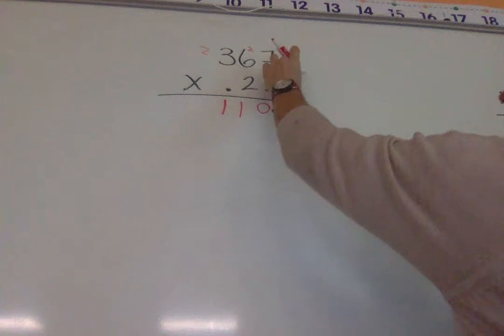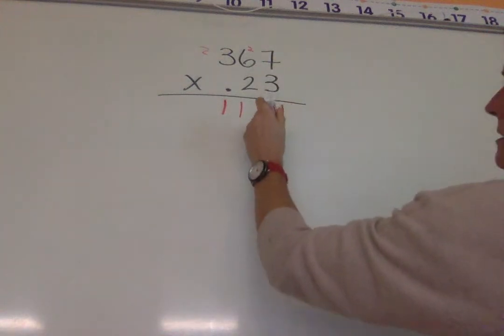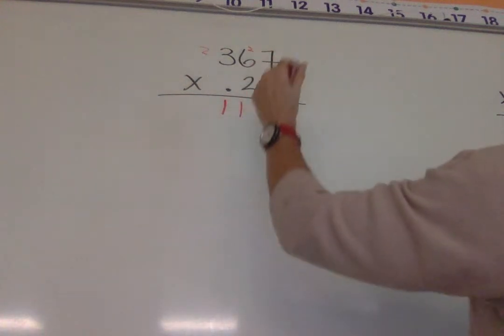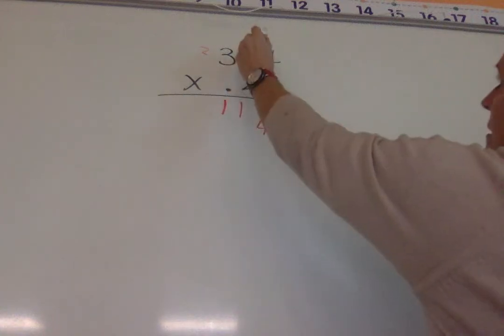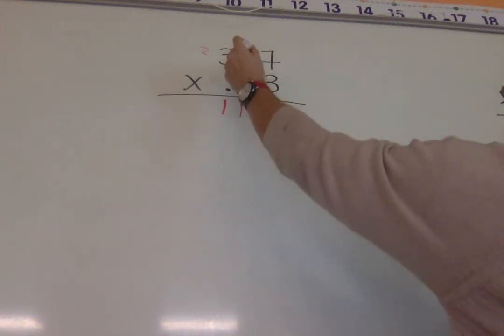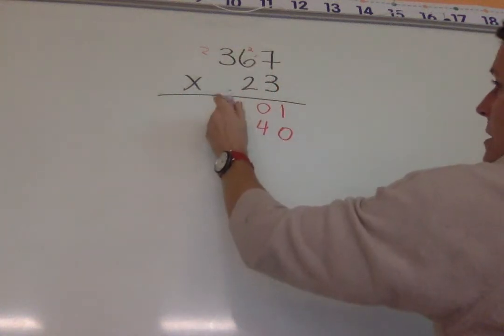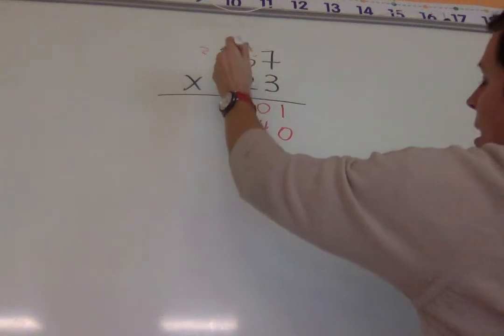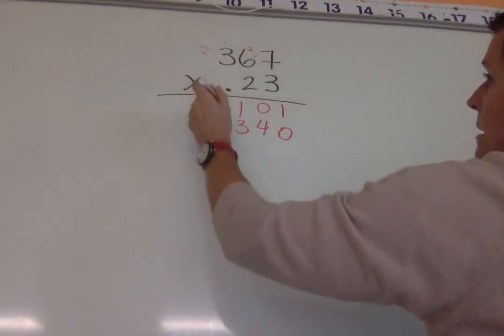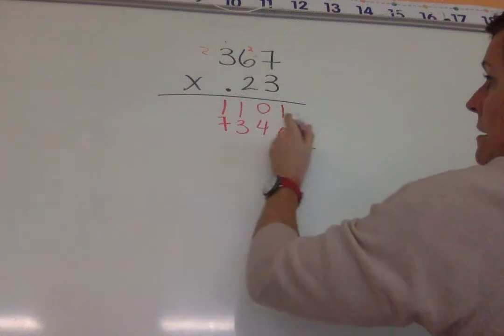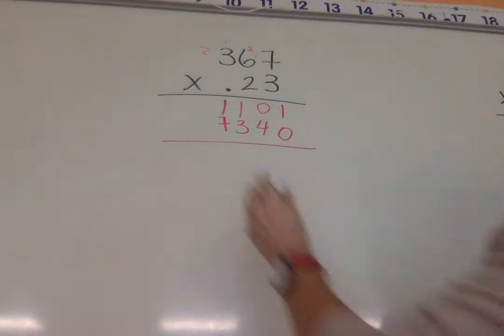Now we do 2 times 7. Oh, wait, I got to put my placeholder. 2 times 7 is 14. Carry my 1. 6 times 2 is 12 plus 1 is 13. Carry my 1. 2 times 3 is 6 plus 1 is 7.